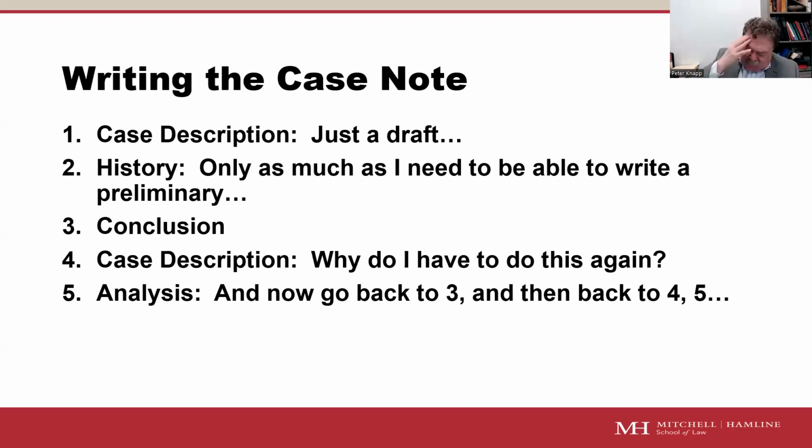One of my favorite pieces of advice about writing doesn't come from Brian Garner. Brian Garner's wonderful. Doesn't come from any legal textbook. It comes from a writer named Annie Lamott, and she wrote a book called Bird by Bird. And it is a book about writing fiction. And it is a book that is designed to help people that want to write fiction start writing fiction.